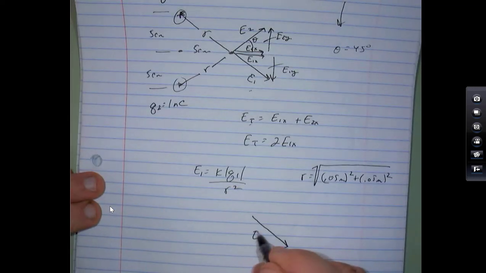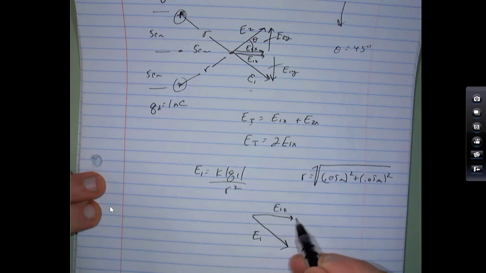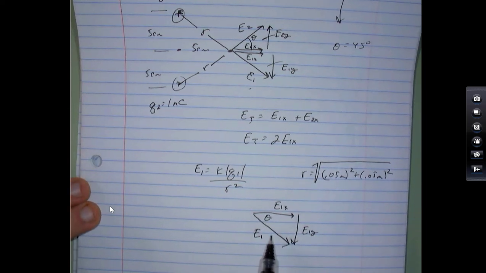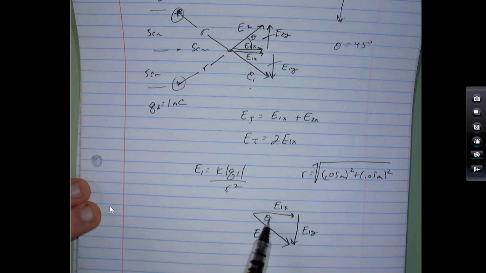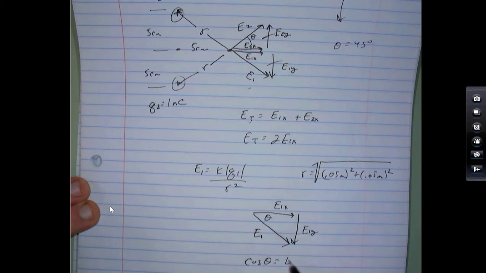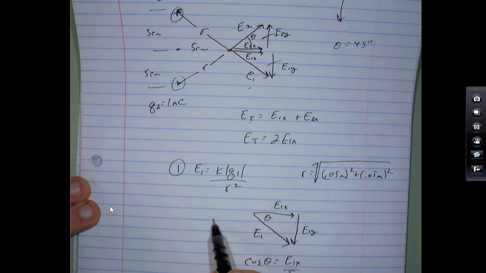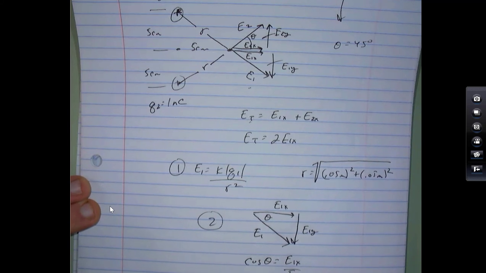Here's E1, E1x, E1y, here's theta. So it turns out that the sine of 45 would involve E1 and the y. I don't want that one. I'm going to use the cosine of theta. That would be the adjacent side over the hypotenuse. So you'll get E1 from here. This is how we're going to get E1 in the x direction using the trig.